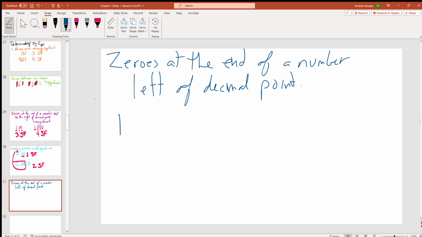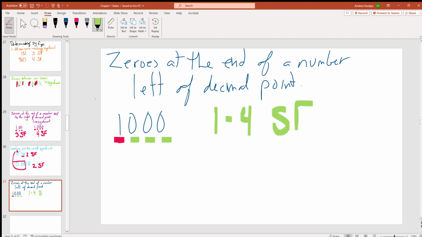So for example, the number 1000. In the number 1000, we know the 1 is significant. But these zeros, it turns out, are ambiguous. Depending on whether one, 2, or all 3 zeros are significant, or none of them, the number 1000, the way we've written it, could have anywhere from 1 to 4 significant figures.